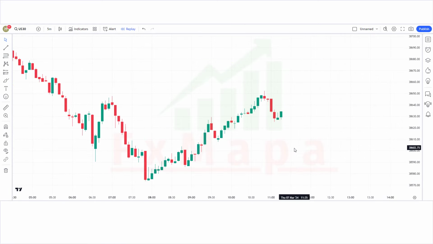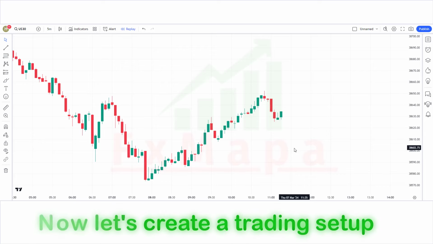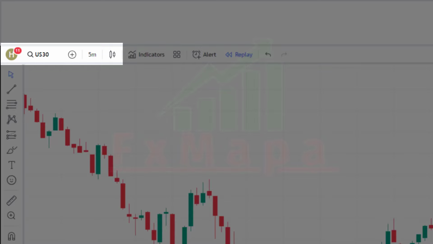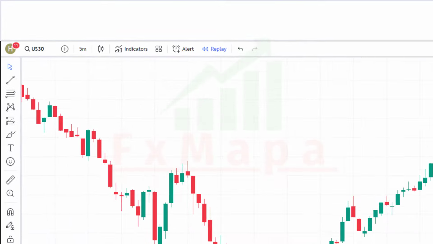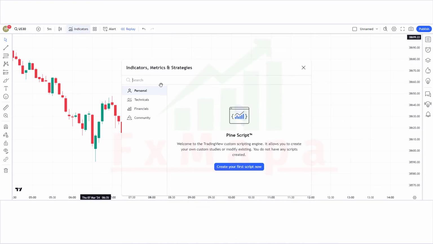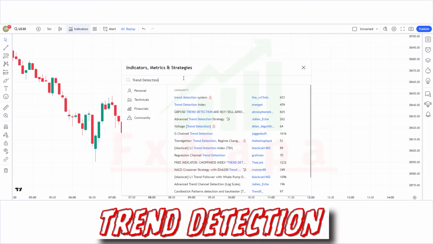So let's get started. Now let's create a trading setup. We are going to test this strategy on 5 minutes time frame in US 30 chart. In this setup we would require two oscillators here. First indicator name is trend detection.